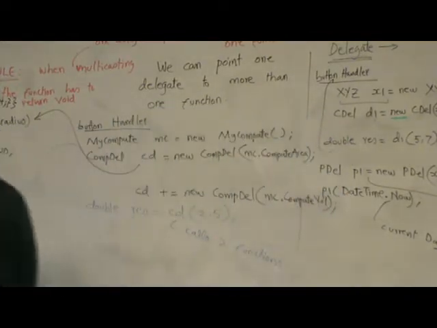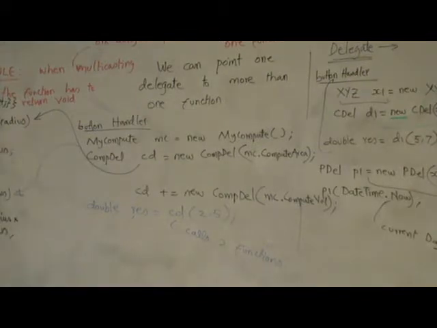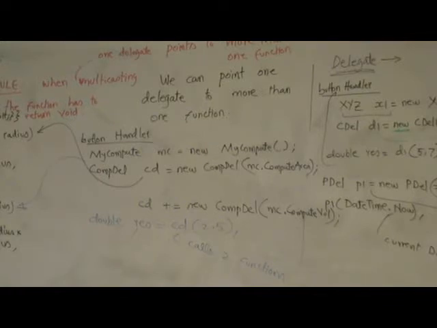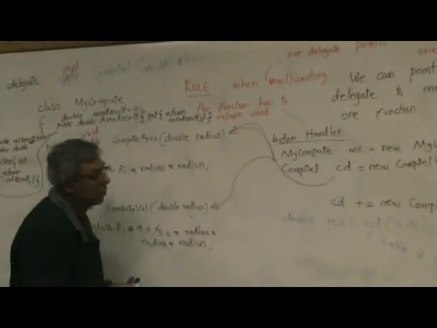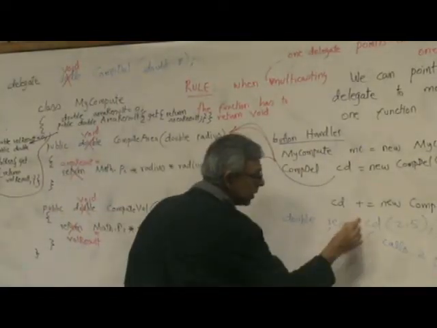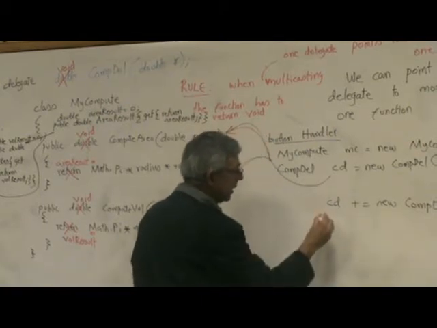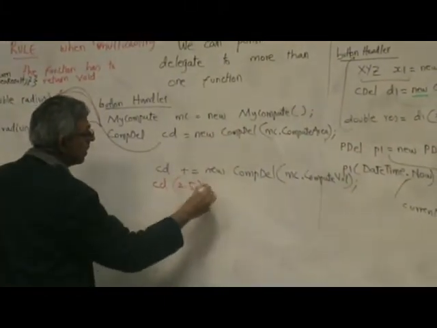Because both of these return void, we are satisfying the rule that anytime we try to make the delegate point to more than one function, that particular delegate or that particular function has to return void. Okay, so we satisfied the rule. It will be able to point to both of these functions correctly. Okay, so now let's try to make a call. Because the return is void, we'll make the call something like this, CD 2.5.